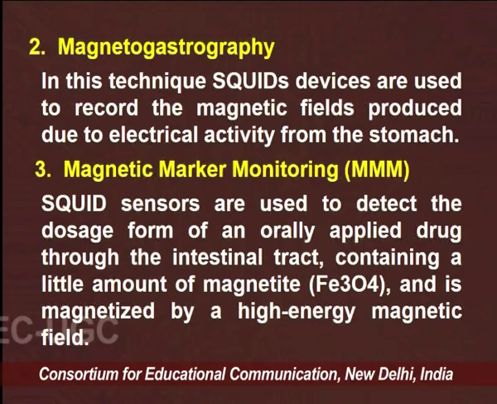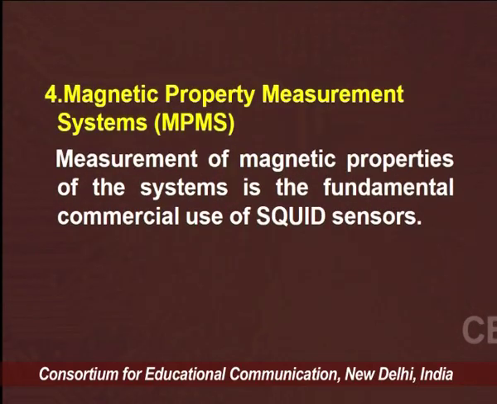Another SQUID sensor is used to detect the dosage form of an orally applied drug through the intestinal tract, containing a little amount of magnetic Fe3O4, which is magnetite and is magnetized by a high energy magnetic field. This is magnetic marker monitoring, that is MMM.